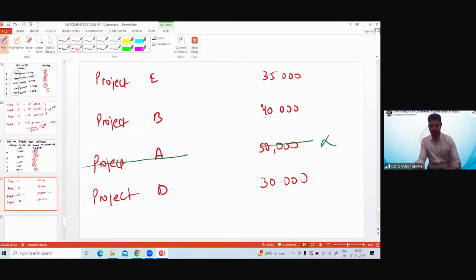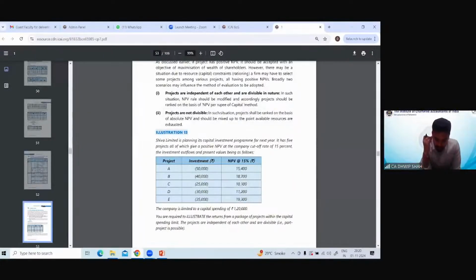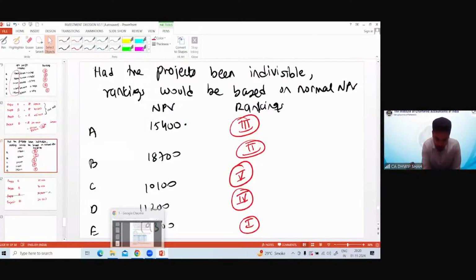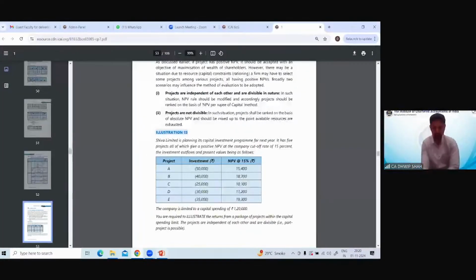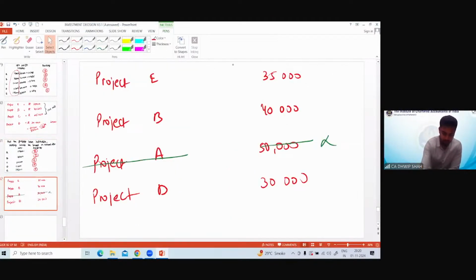I can take project D. And rank 5 is project C. For project C, how much fund is needed? 25,000 is needed. I have already spent 35 plus 40 plus 30. I have already spent 105.